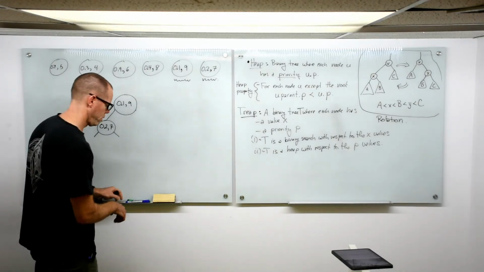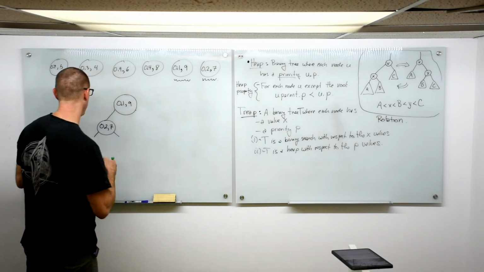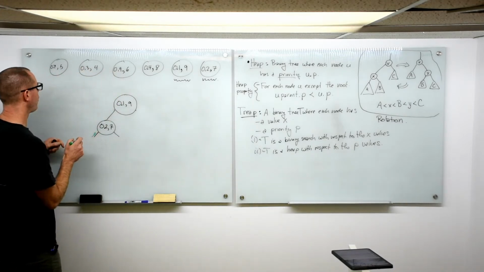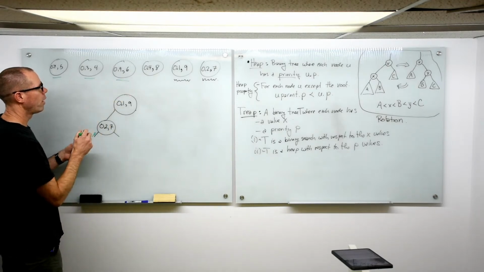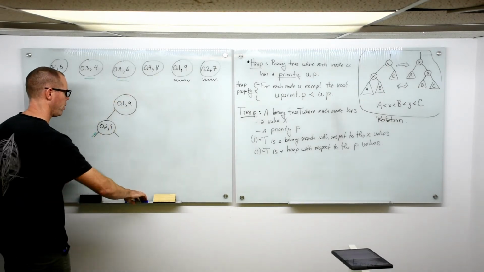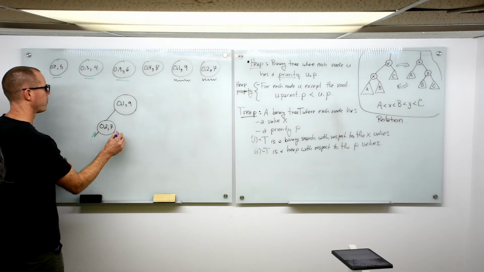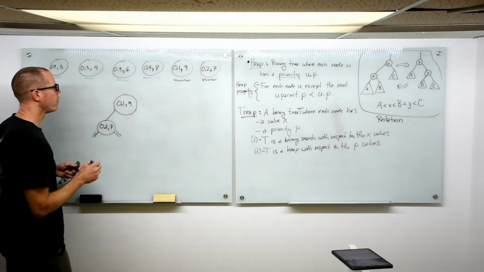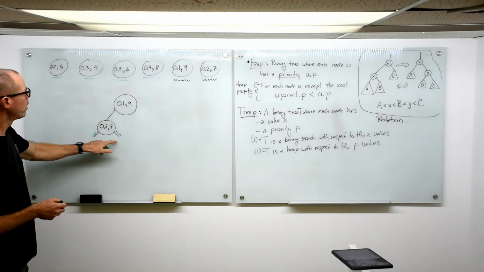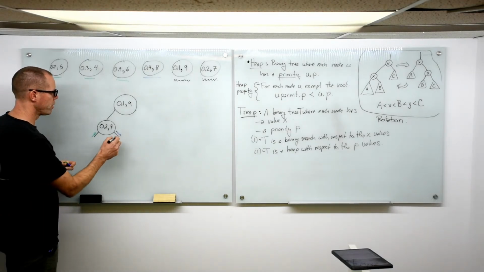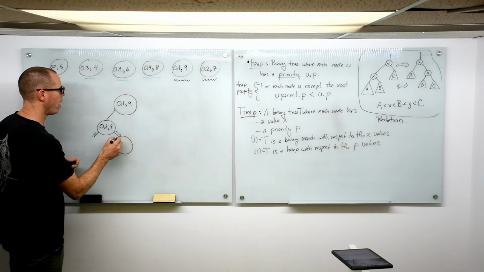So those are, for example, over on the left here, stuff that's smaller than 7. And over on the right here, stuff that's bigger than 7. There's only 8. So if I look on the right, let's do that one first because it's the easiest one. There's only one option.